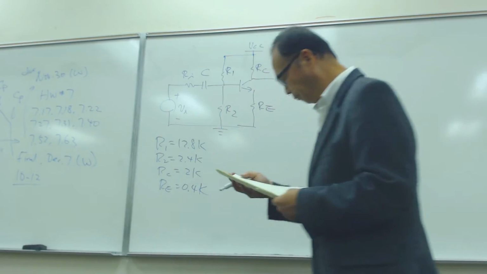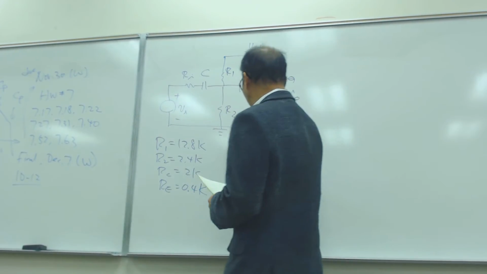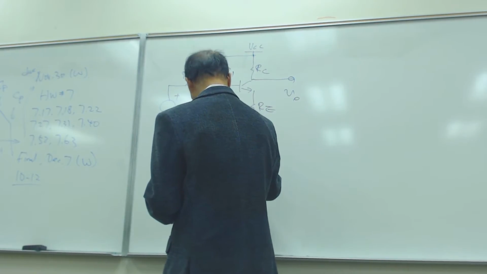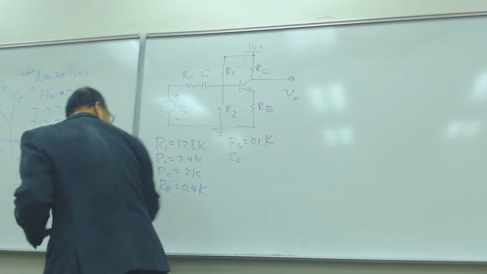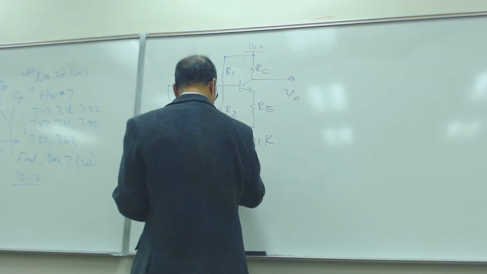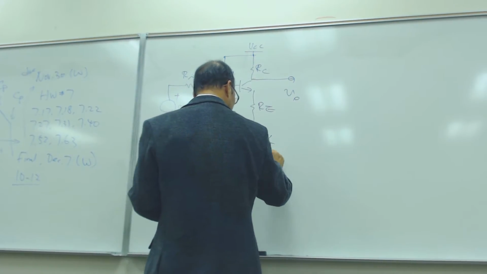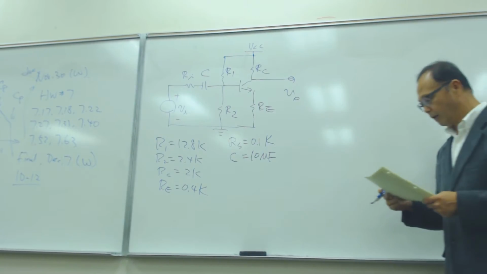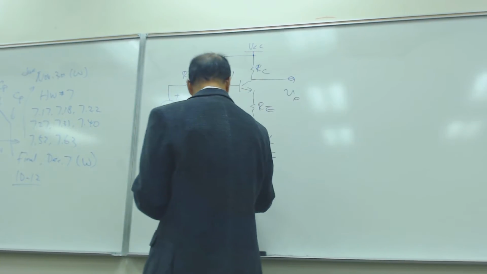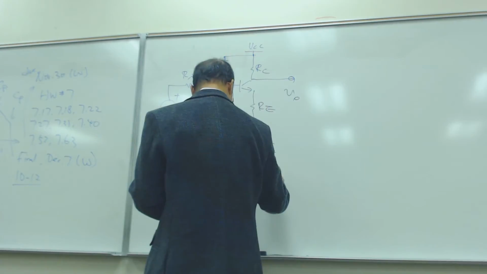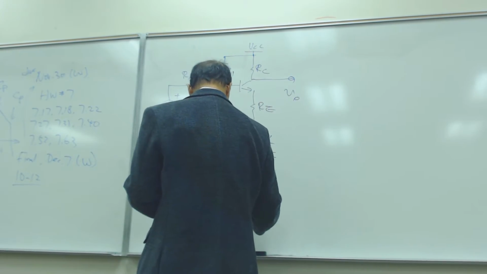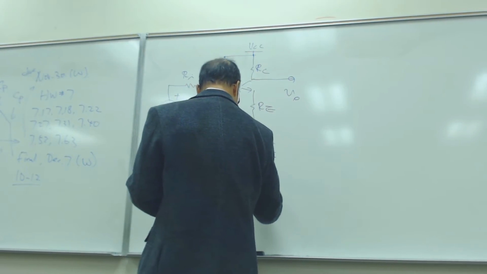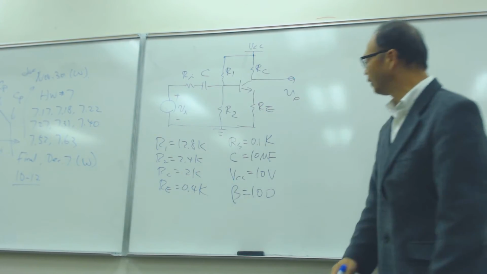VCC is 10 volts. Beta is 100. Okay, that's all we have.